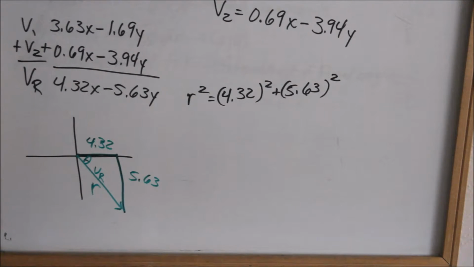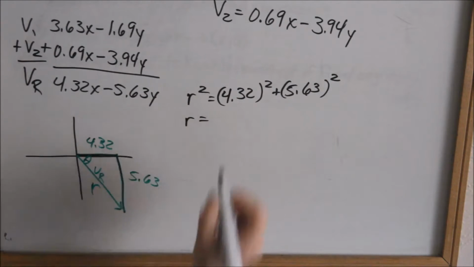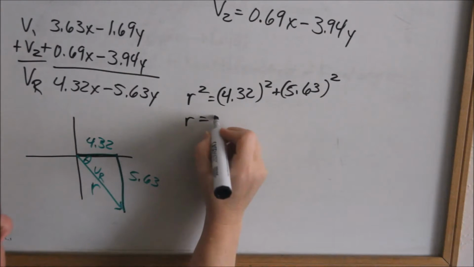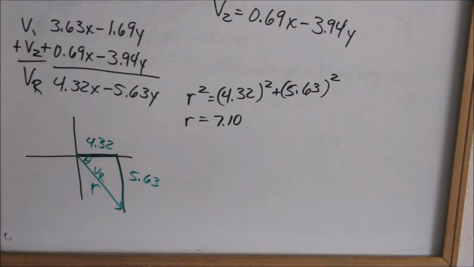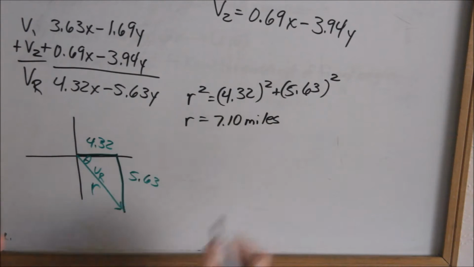Trig functions are to 4 decimal places, everything else is 2. So doing all that, r is going to be 7.10, and this has a unit to it. This is a distance. If you go back to the original problem, the distance that we have been given was in miles. So that's the length of our vector.